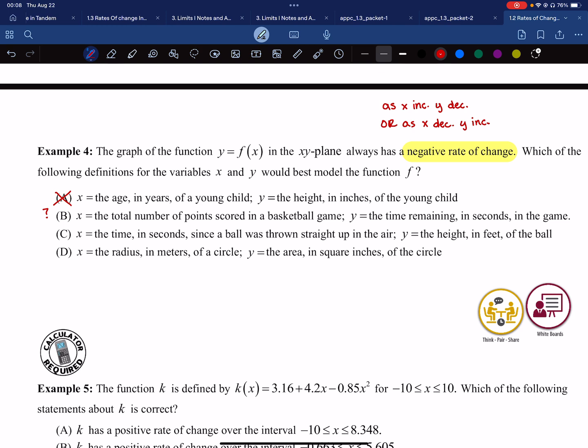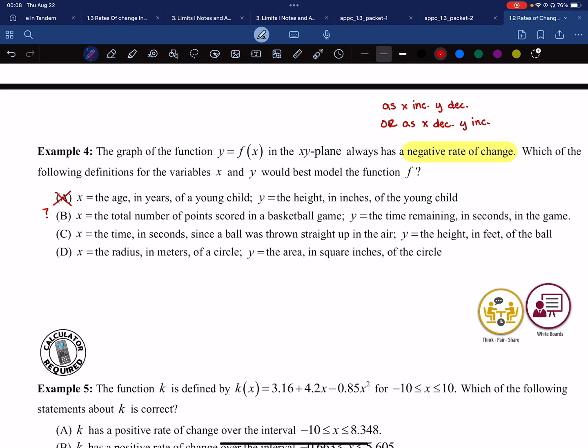Let's read the other answer choices. C, the time in seconds since the ball was thrown straight up in the air and the height in feet of the ball. So if you think about it, if you throw a ball up, the height is going up. Well, as you do that, the time is also going up.